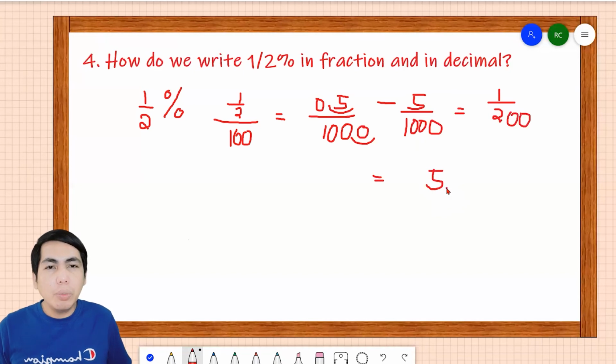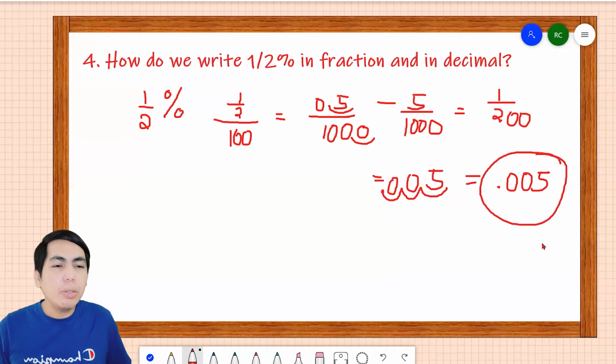So we have to move 3 decimal places to the left, 1, 2, 3, and we replace all empty spaces with zeros, 0 and 0, to give us 0.005. So 1/2% is equivalent to 5 over 1,000 or 1 over 200 in fraction, and 0.005 in decimal form.